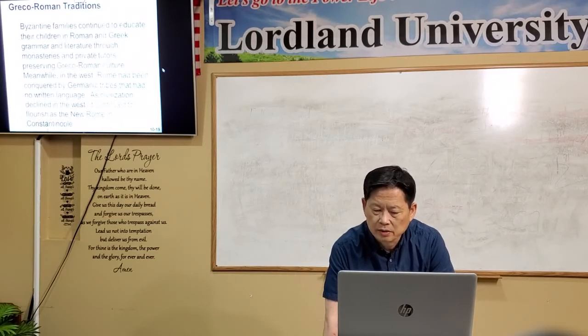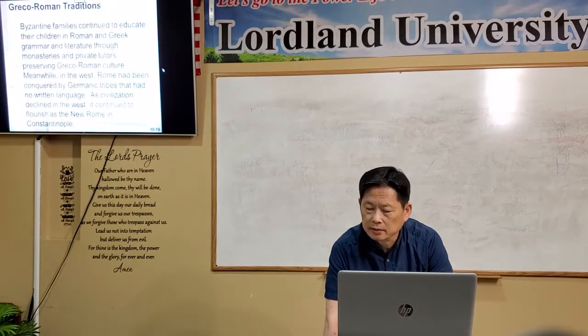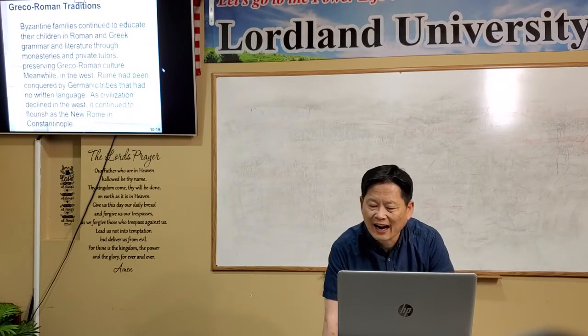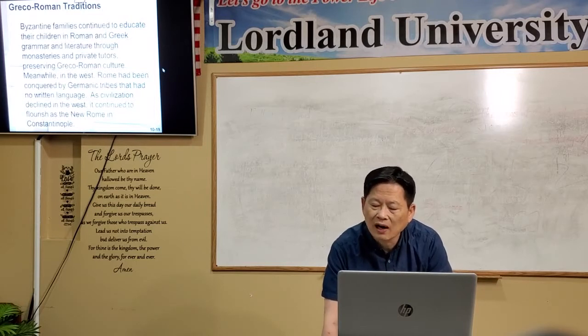However, in the West, Rome had been conquered by the Germanic tribes. These Germanic tribes had no written languages.